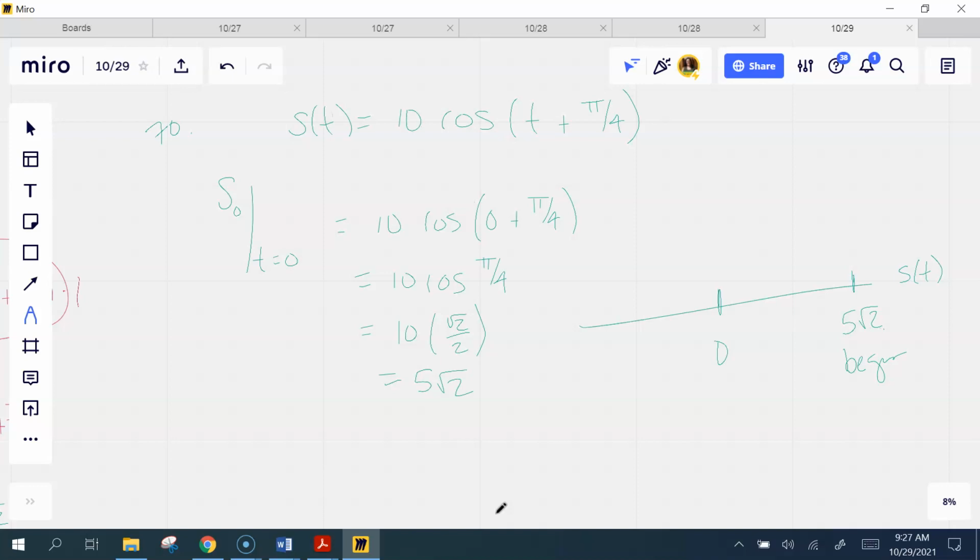It may or may not change position there, right? Oh wait, no. When velocity is 0, that's where it changes direction. Yeah, that's where it changes.